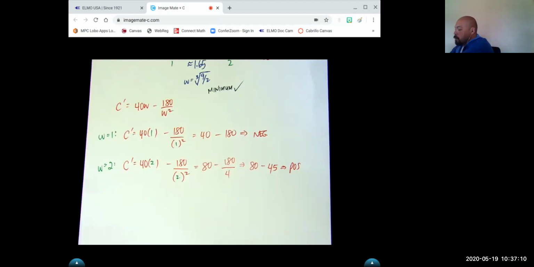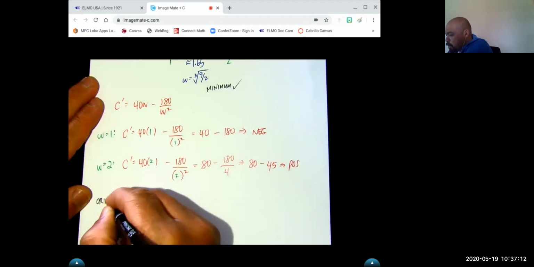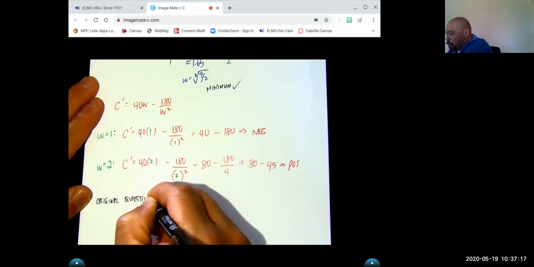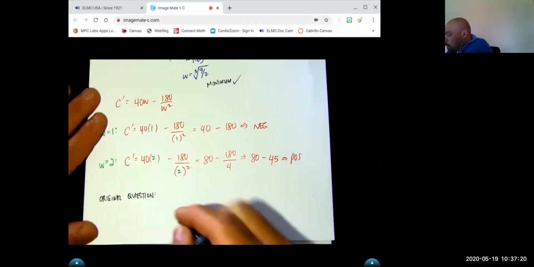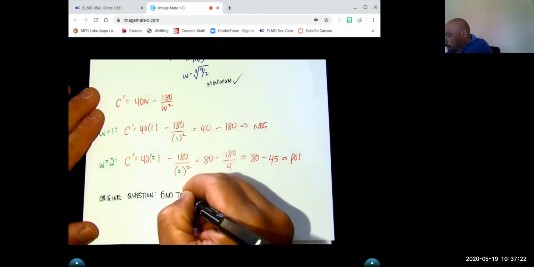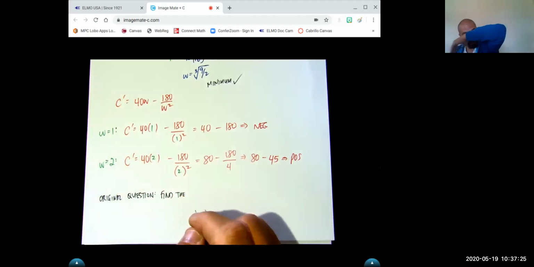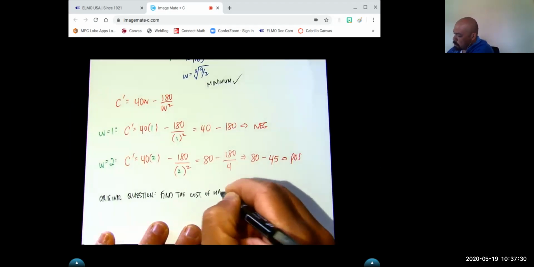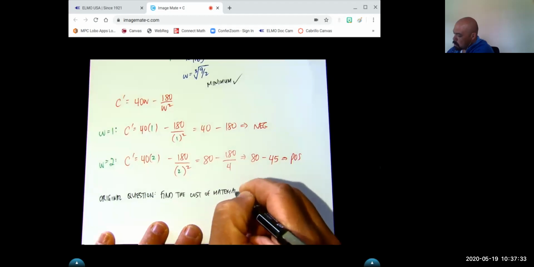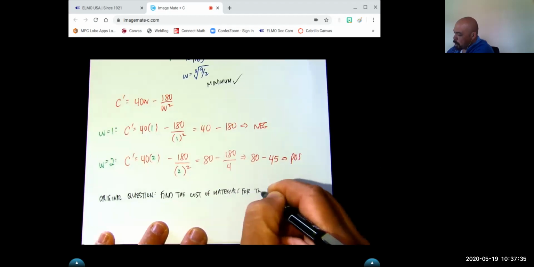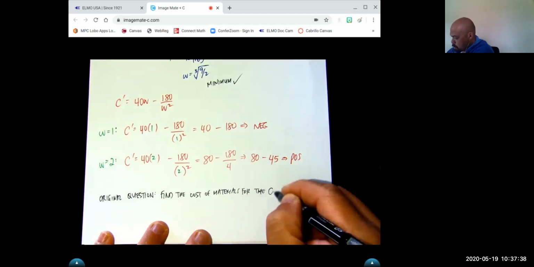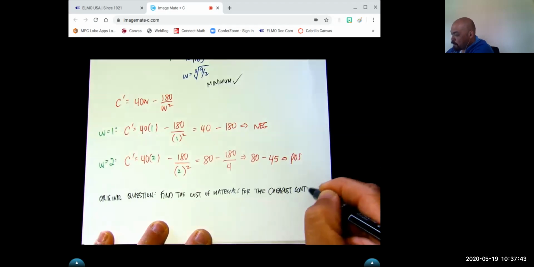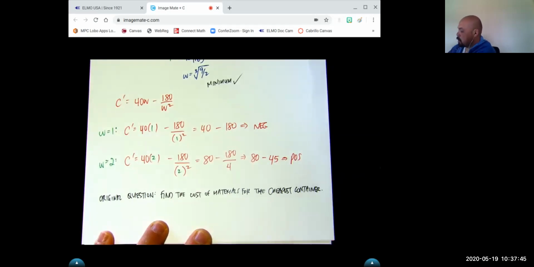So here, my original question, just to make sure I'm answering the problem, we want to find the cost of the materials for the cheapest container. Right, so I found that width that's going to produce the cheapest, right?